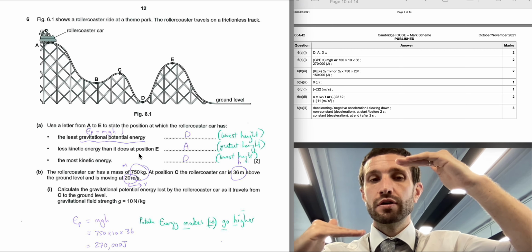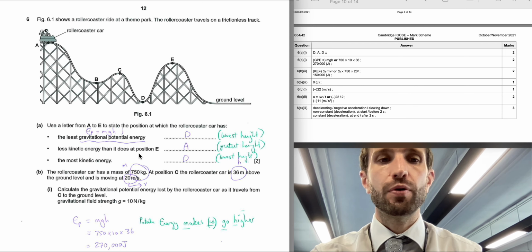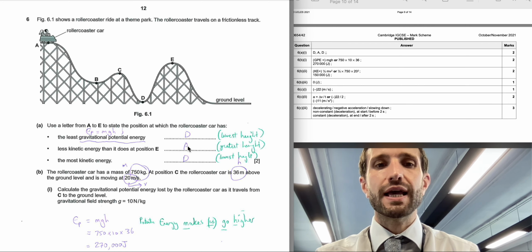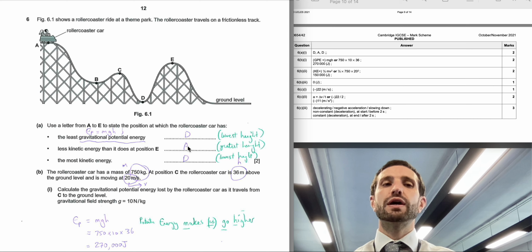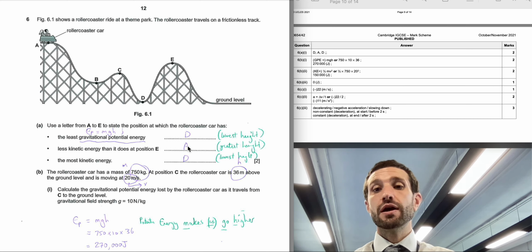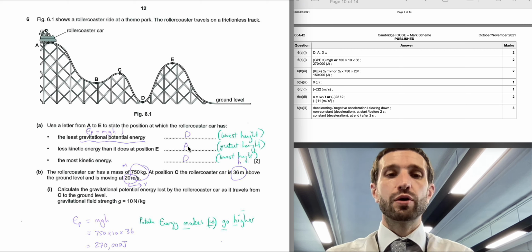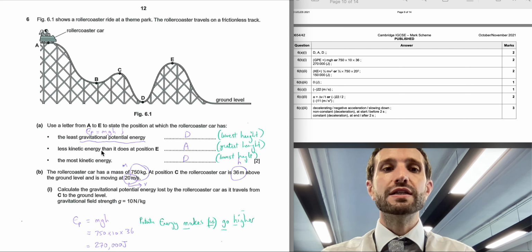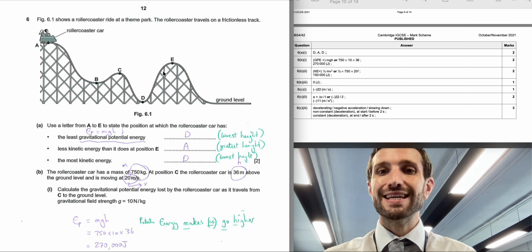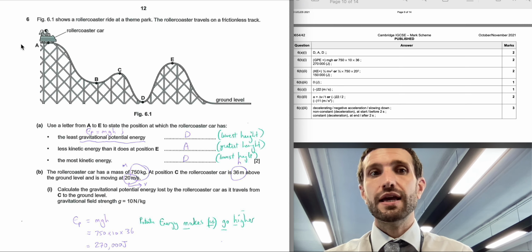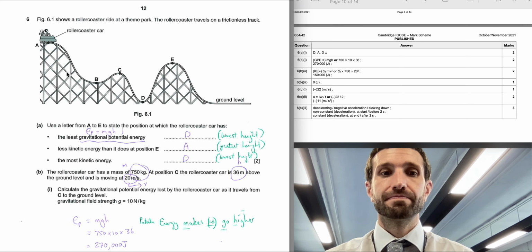So really, point A is the point at which we have the least kinetic energy because we have the most gravitational potential energy. Less than at E, A is going to be least because it's the highest.